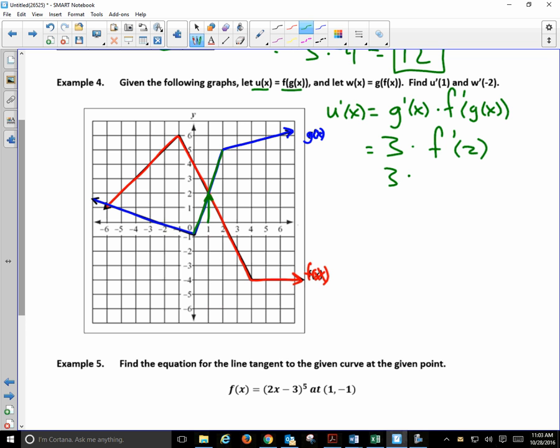Because it says to do it at 1. So now I have f prime of 2. -2.